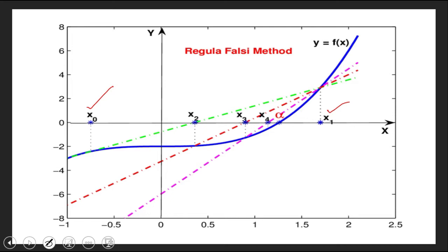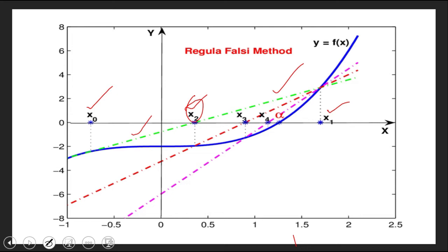Then we draw a chord from one boundary to another boundary of the graph. Then we find the equation of this chord, substitute this value and find x2 from that relation.